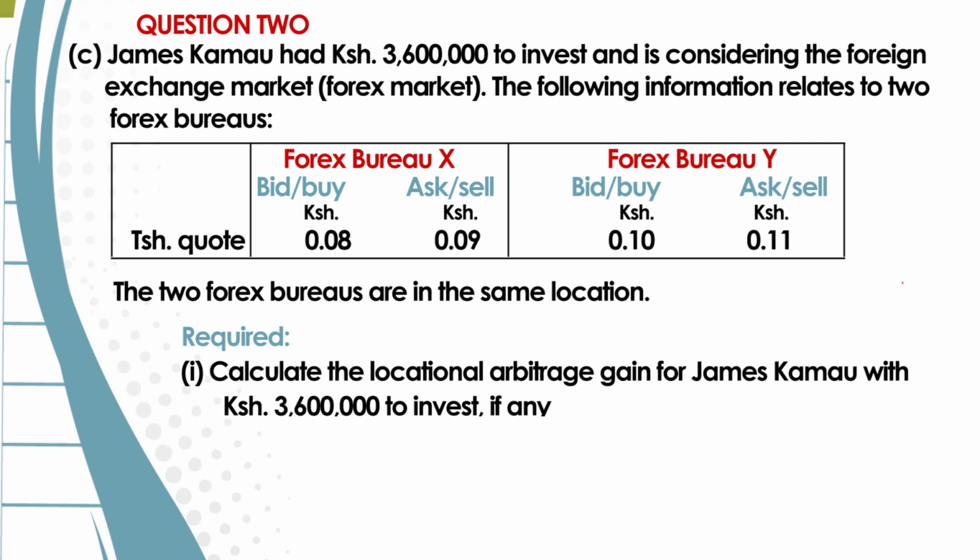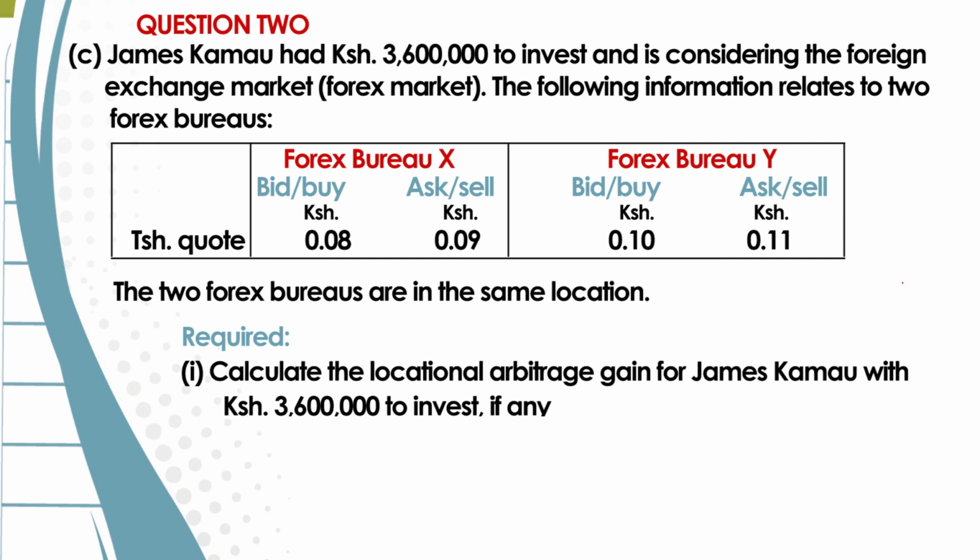The exchange rates are different. You can see that Forex X is selling Tanzania shillings at an exchange rate of 0.09 against Kenya shillings and the other at 0.11 against Kenya shillings.